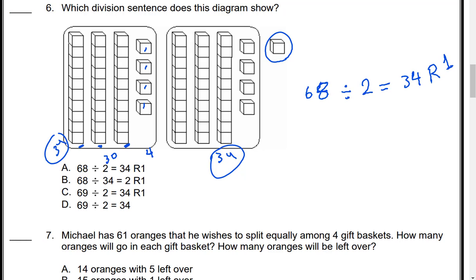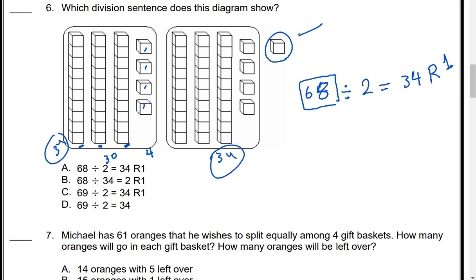Wow, I like it, my heroes. So which one should I choose? A. Okay, A. But I have a problem here. I have 68 inside the groups.